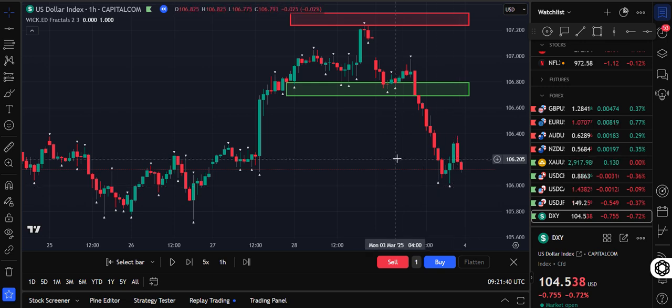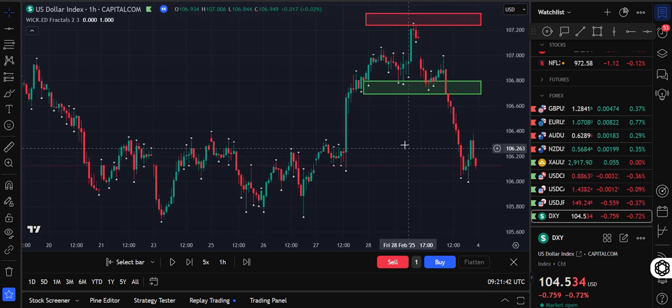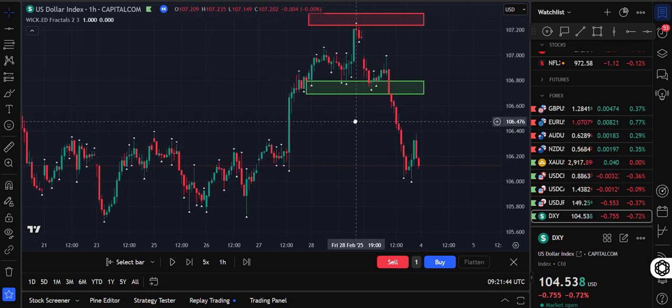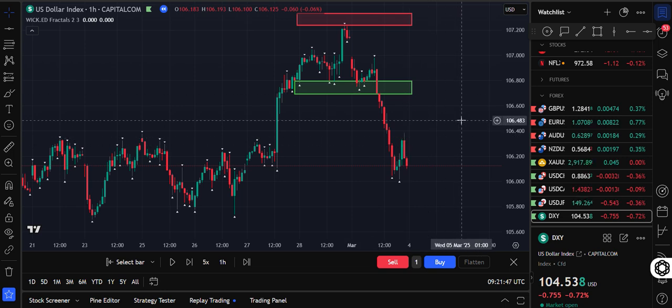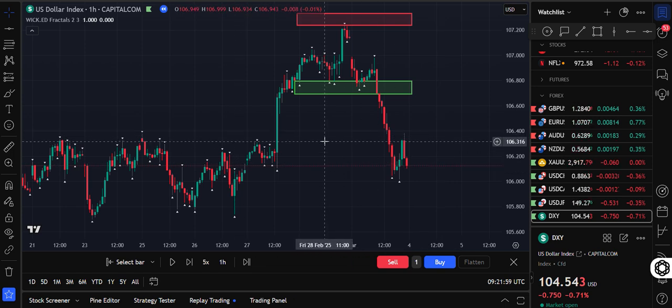So what that's saying is that the start of the week for the dollar pairs is going to be very bearish. If you are keeping an eye on the news, with Donald Trump and the tariffs he's putting on China, Canada, Mexico, and then following on in a few weeks Europe as well, it's causing a lot of volatility in the market.